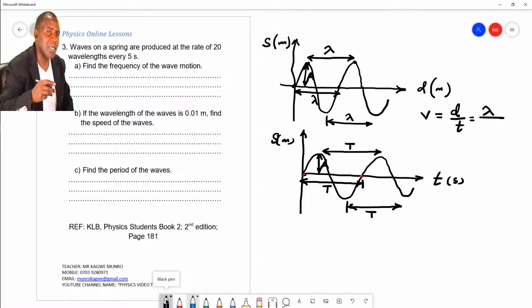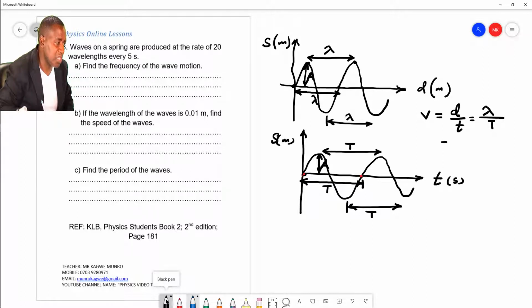So notice that the distance is that covered by the wave when it makes one oscillation. The time is the time taken by the wave when it makes one complete oscillation, and we call it periodic time. So if I divide this by this, I will get the speed of the wave.